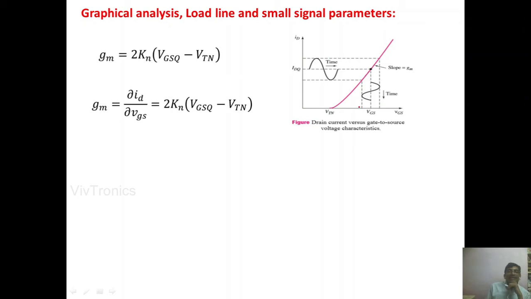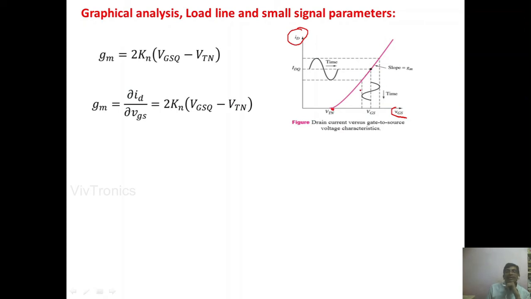Here, if you see, this is the transfer characteristics of the MOSFET. In the transfer characteristics, we are going to relate VGS and id. VGS is the input gate to source voltage, and id is the drain current, and this is the threshold voltage VTN, which was mentioned here.